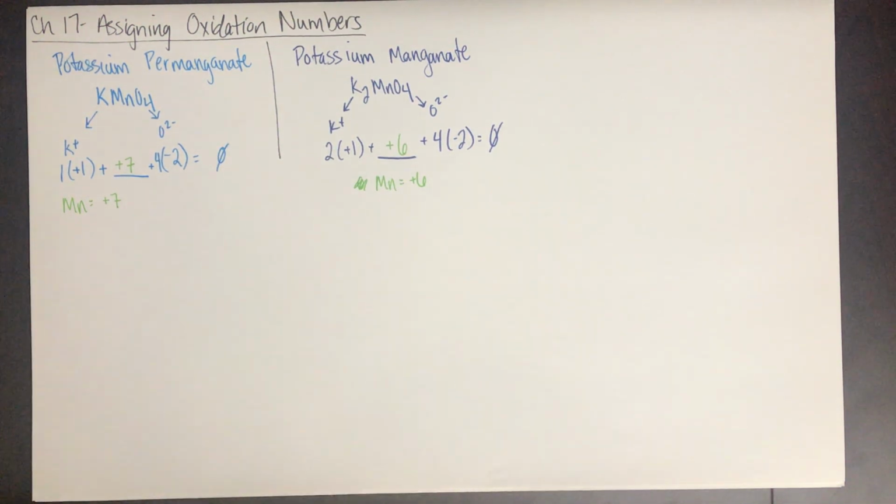So this is an example of assigning oxidation numbers in a compound where we have a transition metal that has multiple options for oxidation numbers.